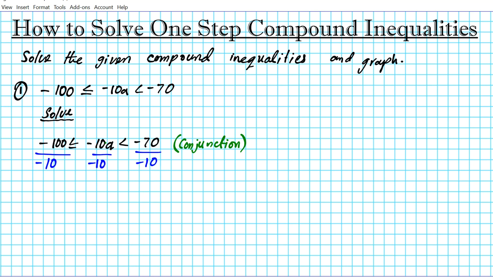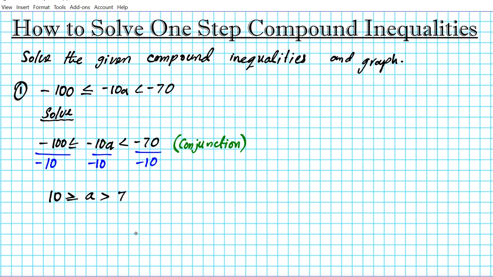All right, so when you divide, negative 100 divided by negative 10 is just 10. Now, whenever you divide by a negative, that's something you want to remember: you always have to switch the inequality. So less than or equal to becomes greater than or equal to, and this less than becomes greater than 7.